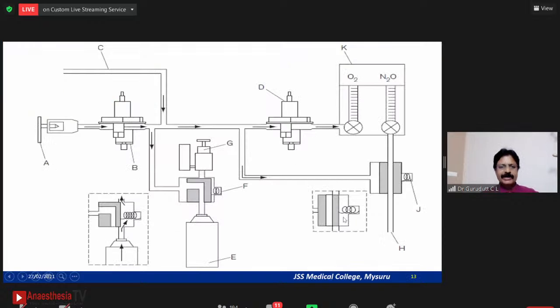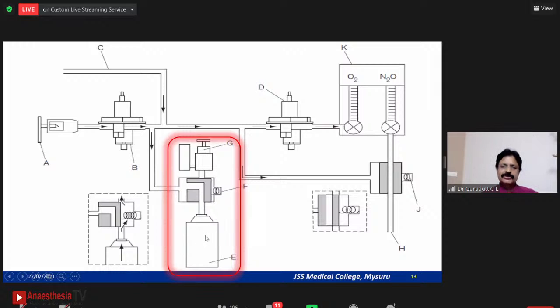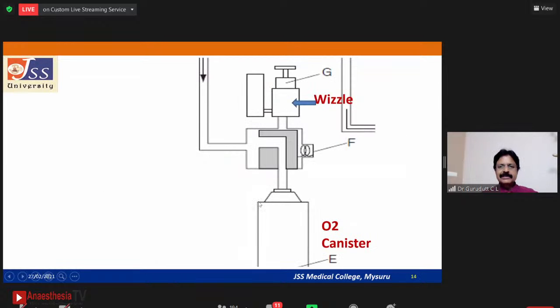I'll just show how it would function. Here you can see this is the oxygen source that is coming and entering. This is the canister or cylinder I was talking about. This cylinder will have the oxygen filled as soon as we open the cylinder or the pipeline connection. Now you can see there is a spring here. Because of the pressure of oxygen, the spring is moving away and stopping the oxygen from this canister activating the whistle.